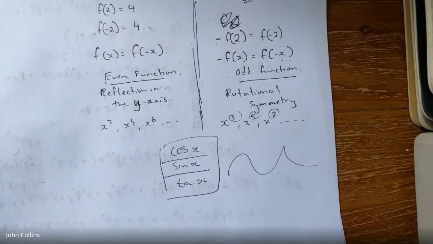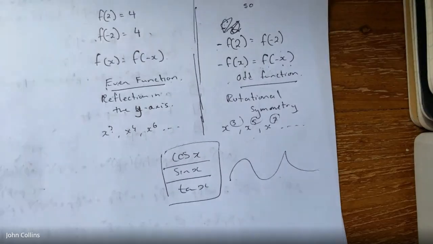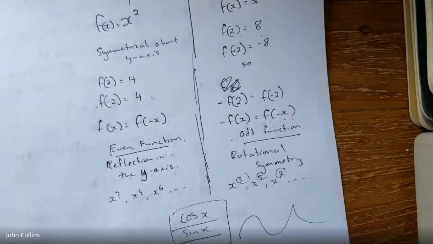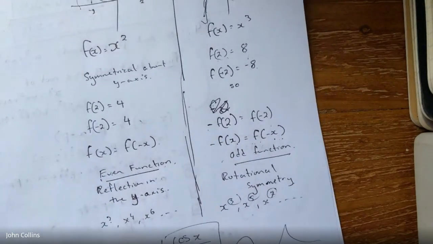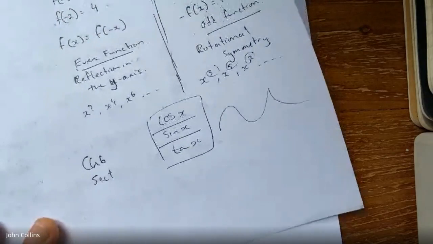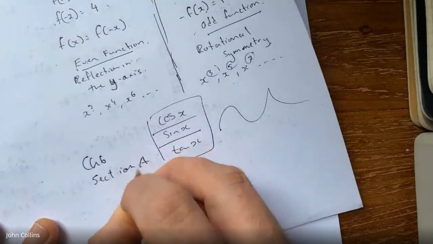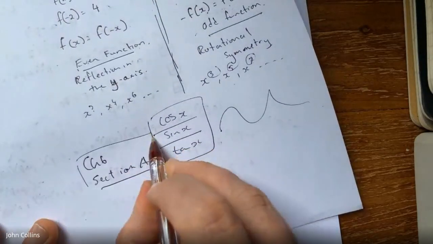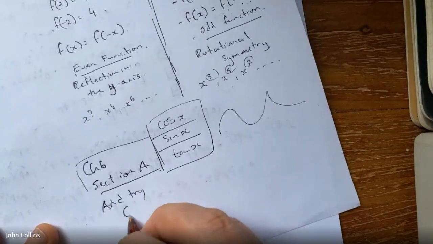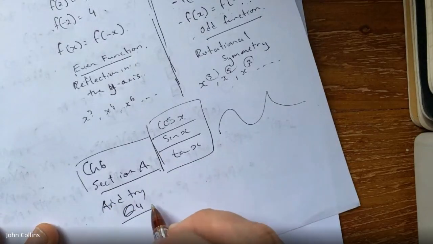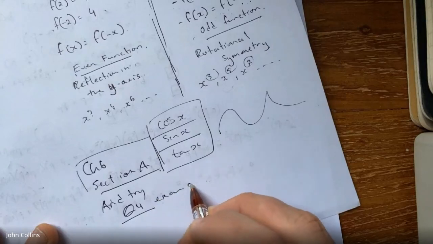Anyway, I think we've run out of time on this. So what I would get you to do is look at chapter 6 and just have a look at section A on those odd and even functions before tomorrow, and try question 4 from our exam again, if you've time.